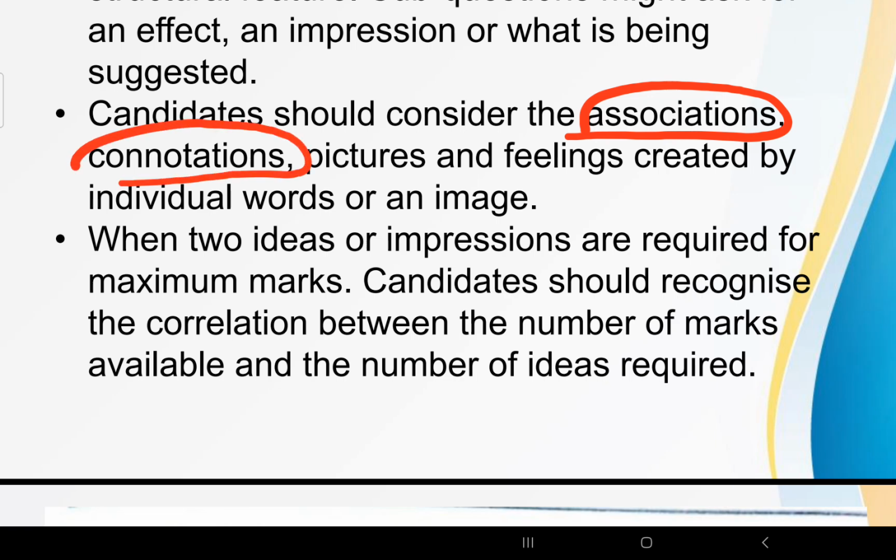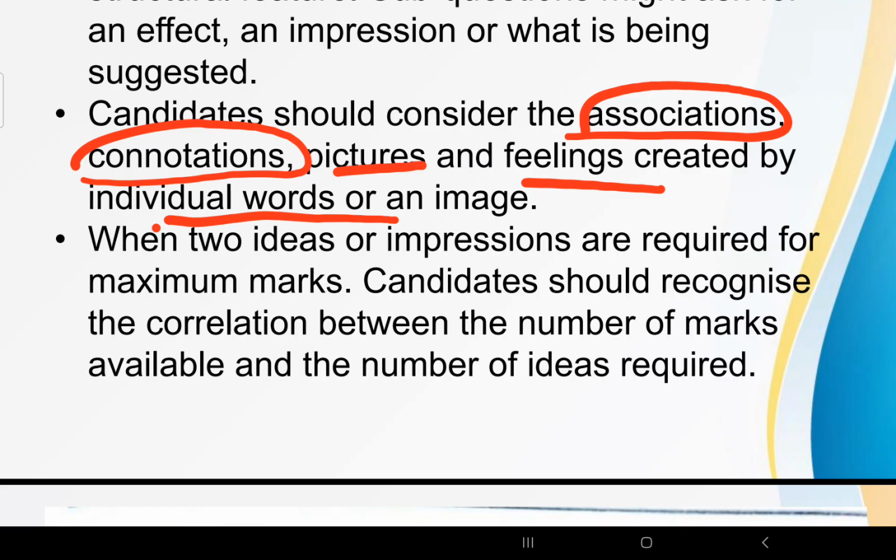Connotation means the story or the idea behind the word. So if you have to answer this use of language task, you need to understand the associations or connotation. We will discuss this. I have an exercise for you here. You will understand it better after doing those two or three exercises.